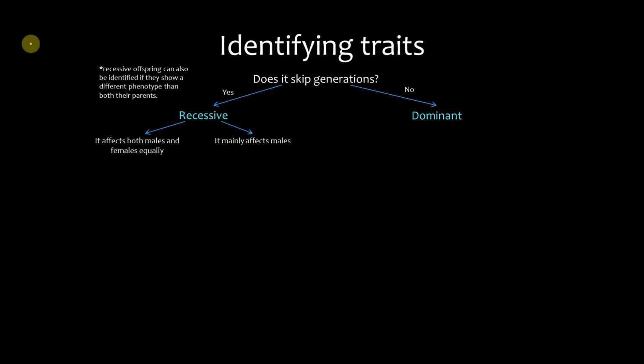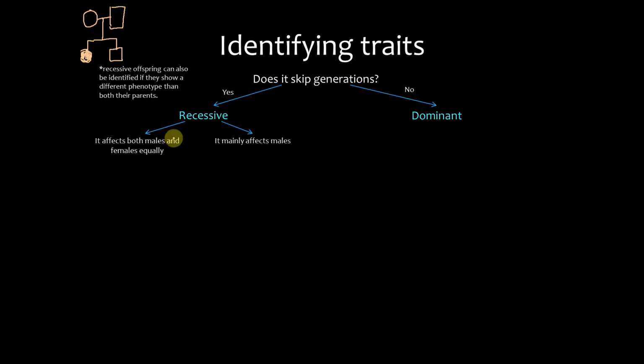So let's say that here is mom, and here is dad, and neither of them is affected, but they have, let's say, two children, a male and a female, and only the female is affected. Then that's an indication that it's most likely a recessive trait because the offspring is showing a different phenotype than either of their parents.